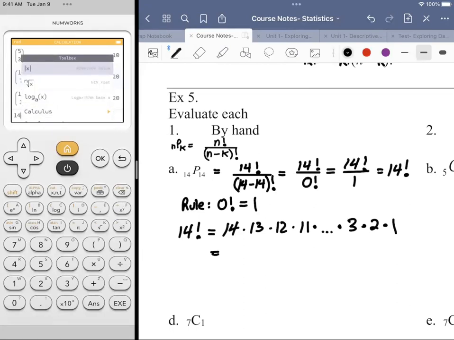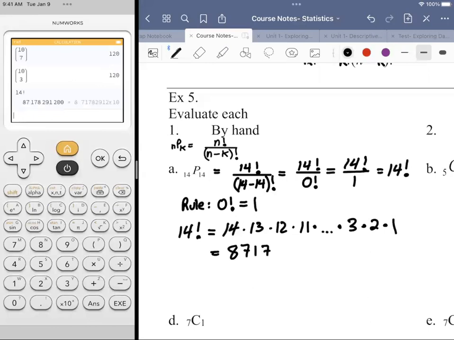You go to probability, combinatorics, and we want the one with the exclamation point. So 14 factorial, and you get this lovely looking number, 87178291200.